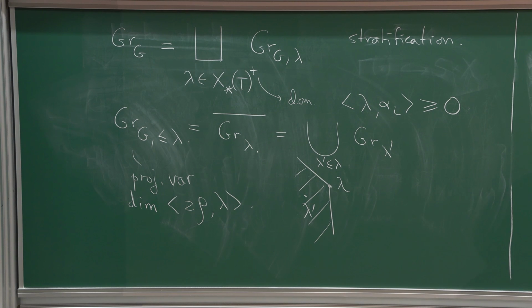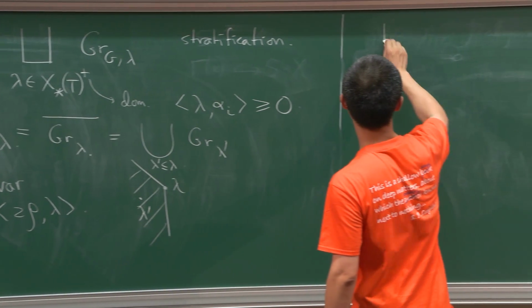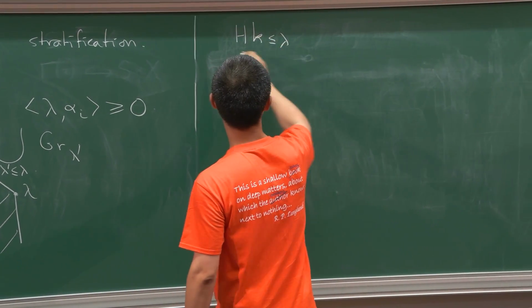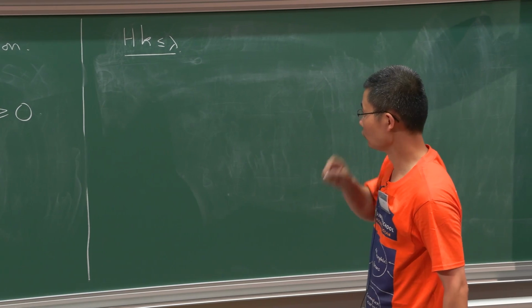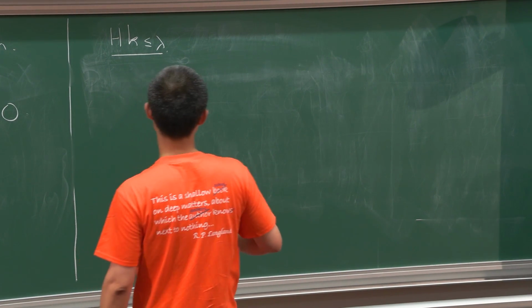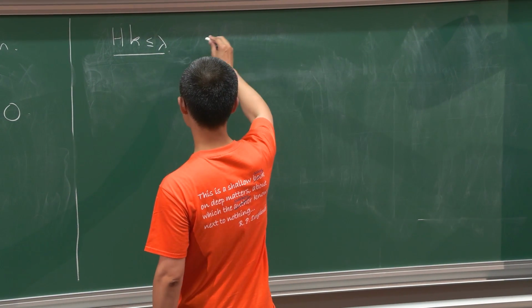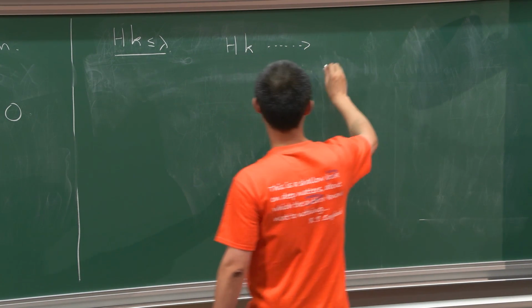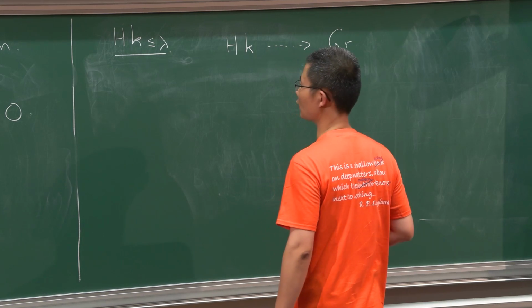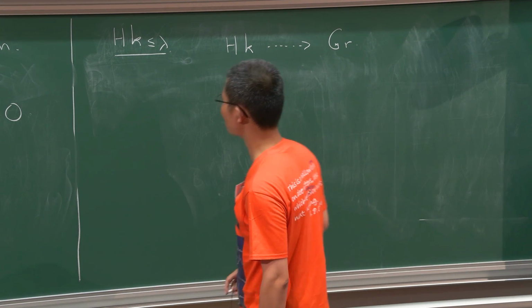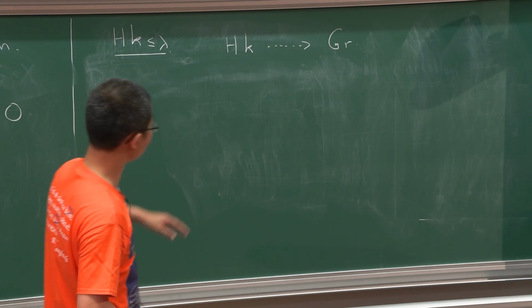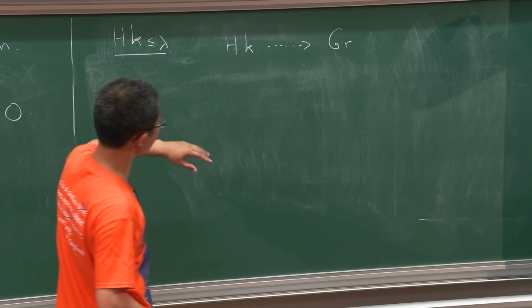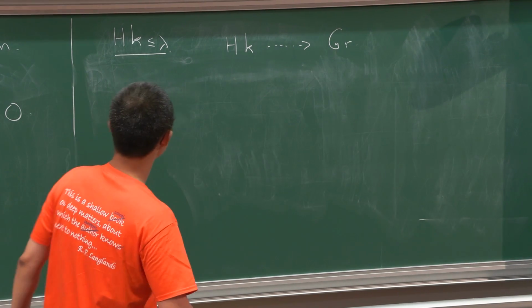So now we can talk about the bounded version of Hecke. Roughly speaking, this Hecke will map to the affine Grassmannian. It's not literally true, but let me try to make sense of this map.